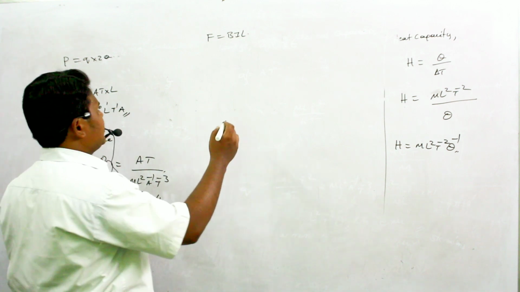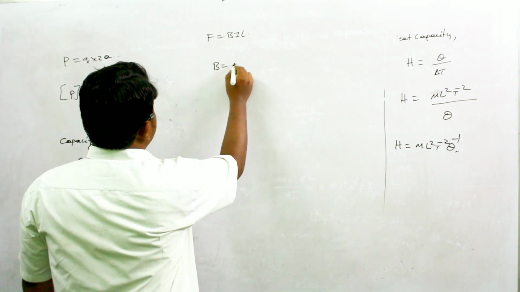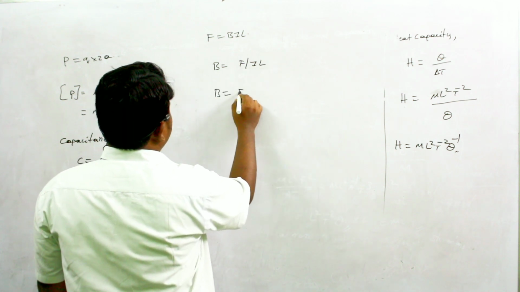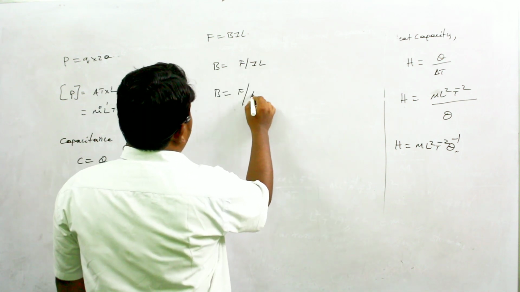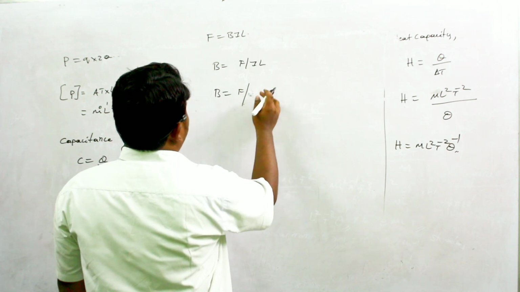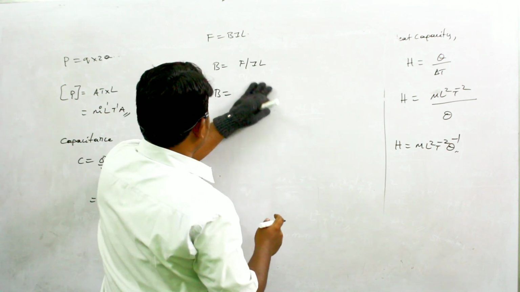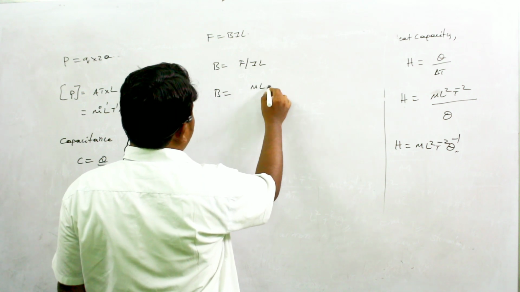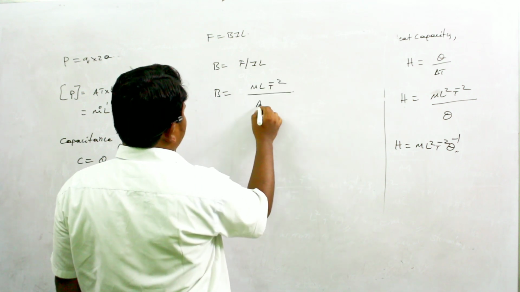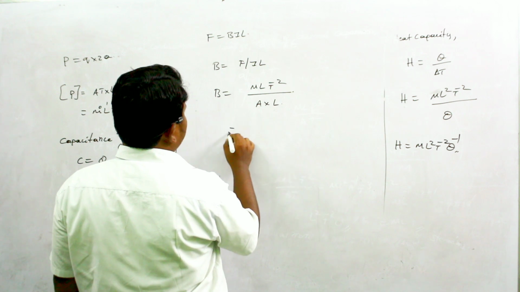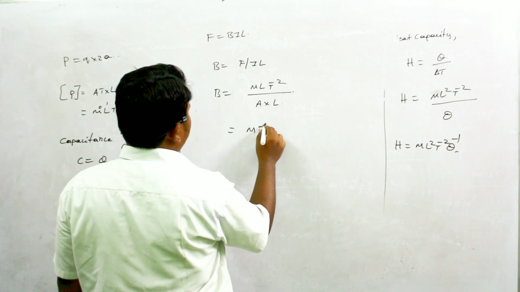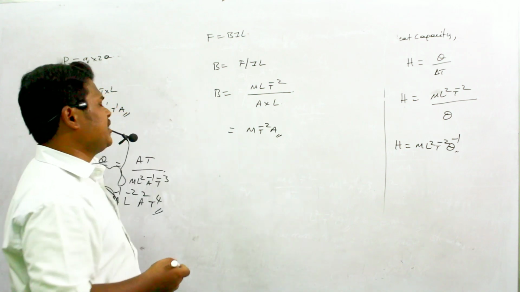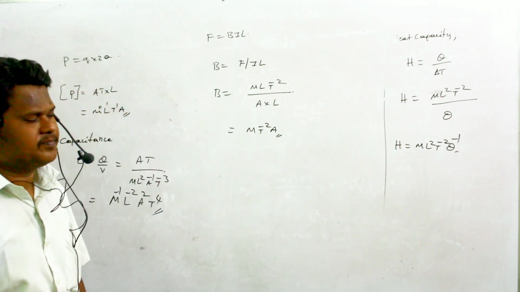Therefore B is equal to F by IL. Directly we write the dimensions here. The dimension of force is MLT^-2 divided by A into L. So MT^-2 A^-1 should be the dimension of magnetic field intensity.